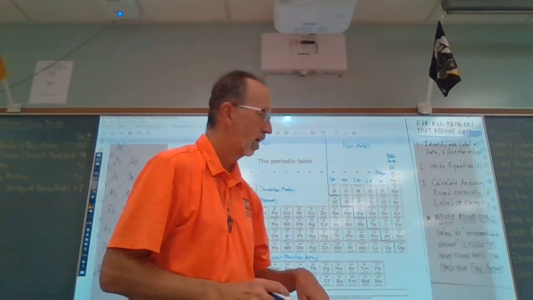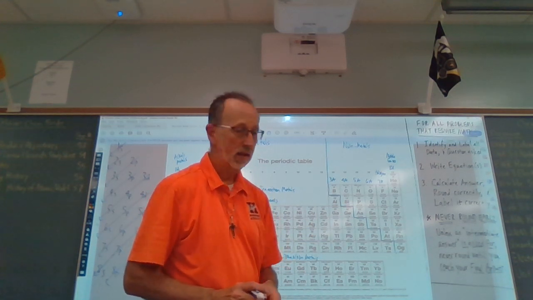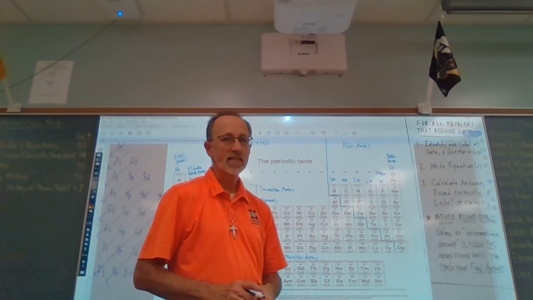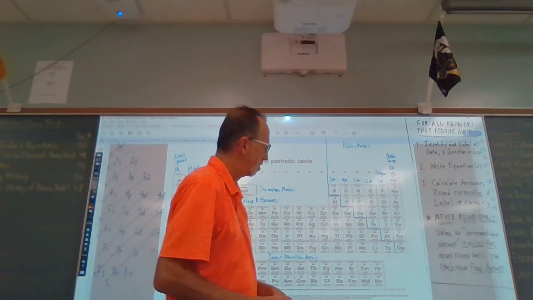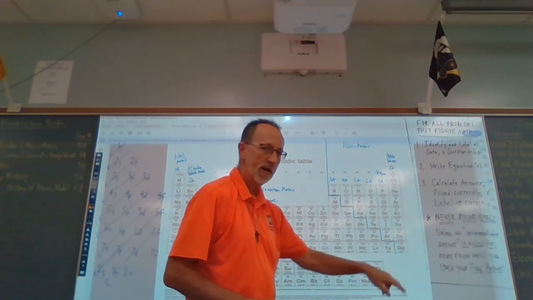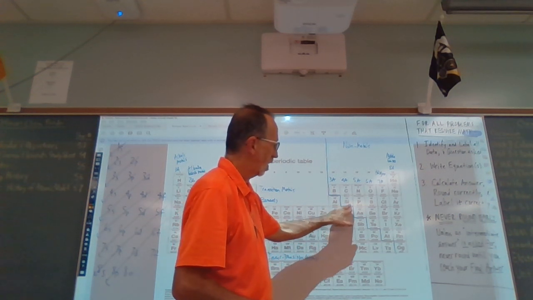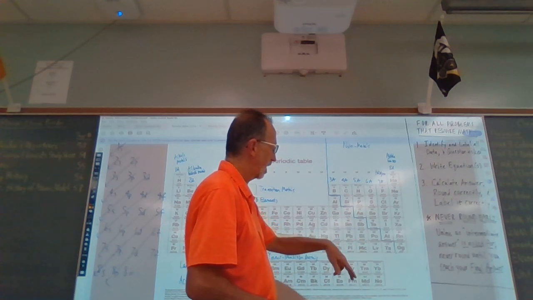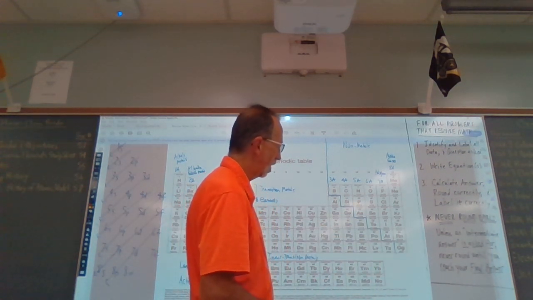A couple things I would point out, though. Boron is a non-metal, and aluminum is a metal, all right? But then as you work your way the rest of the way down, silicon and germanium are metalloids, arsenic and antimony, tellurium and polonium, and so on.